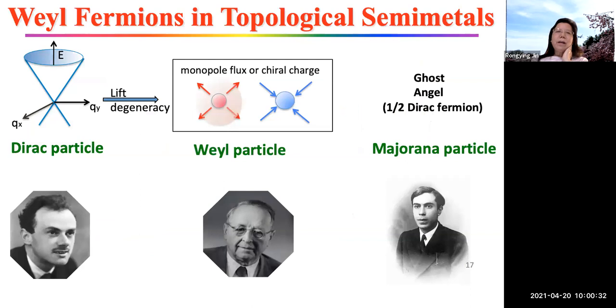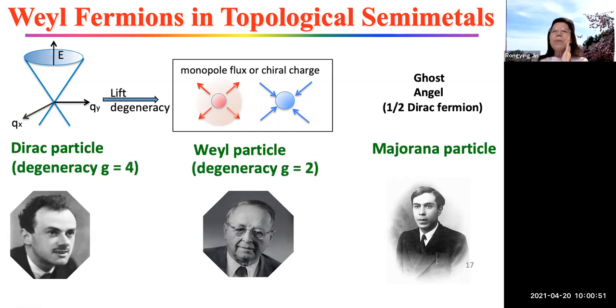Anyway, our group also works on the so-called Weyl fermion system. This is when the Dirac system breaks the degeneracy by either lowering the inversion symmetry, which is crystal symmetry, or time reversal symmetry, which is magnetism.